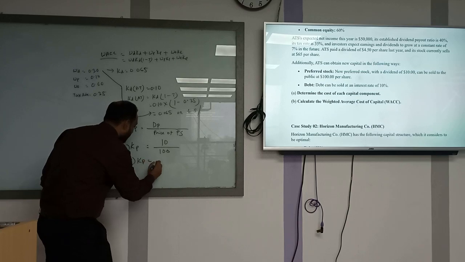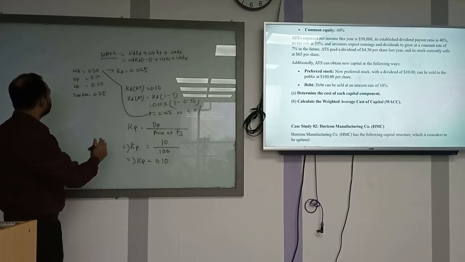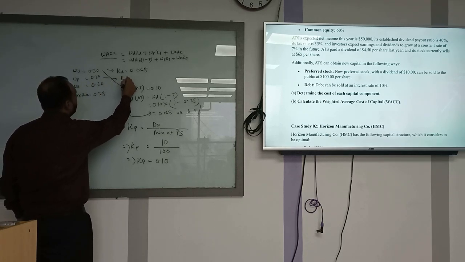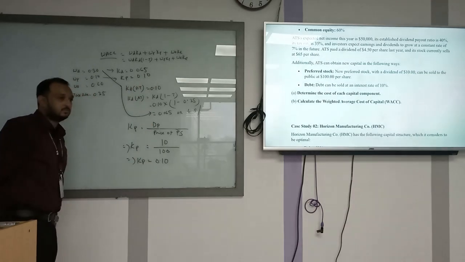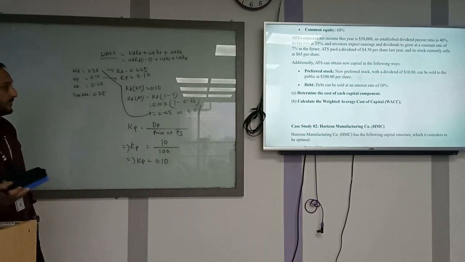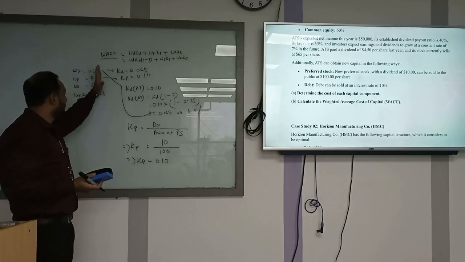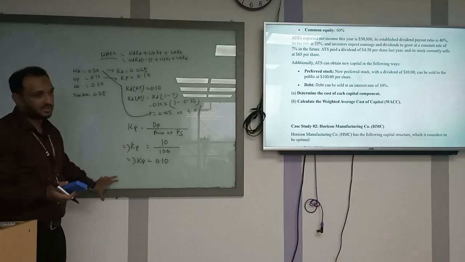So KP is 0.10, right? The weight of preferred stock is given, and you have just calculated KP, that is 0.10. Clear? So this portion is given, and this KD I have calculated, this KP I have just calculated.